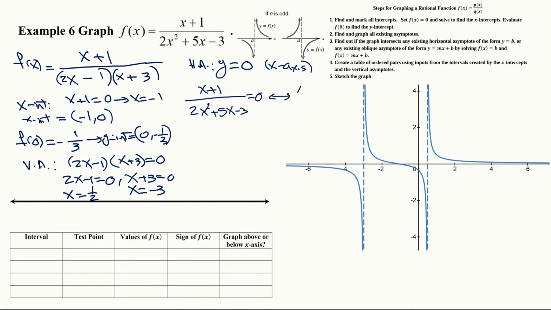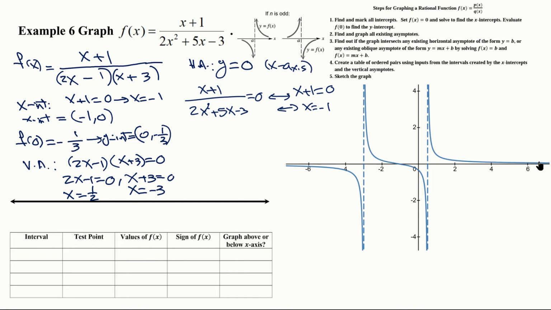The numerator is 0 and the denominator is not. So we get if and only if x equals -1. And of course, not surprisingly, that was the x-intercept, so we knew it's going to cross it. So yes, this graph does cross its horizontal asymptote. So at one point it crosses it, but as you approach infinity or -infinity, it's going to get asymptotically closer and closer to the horizontal asymptote.